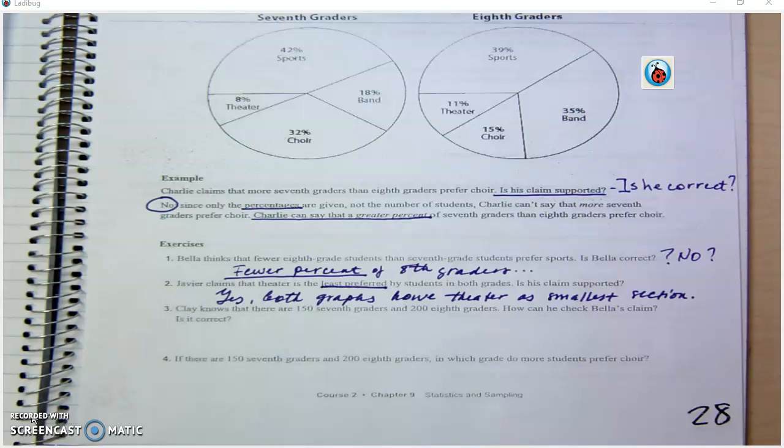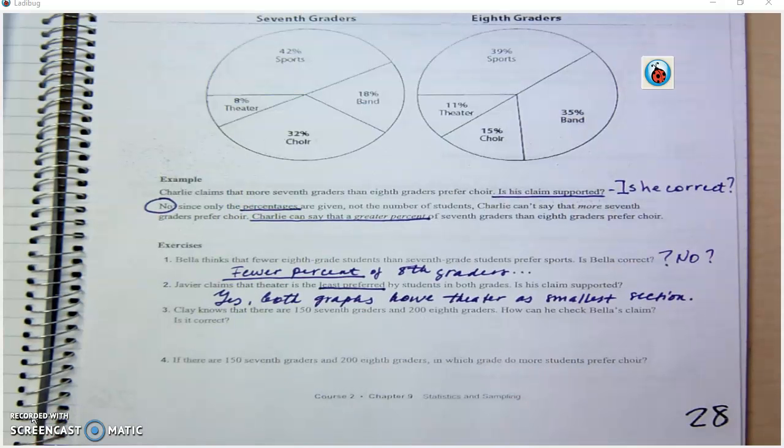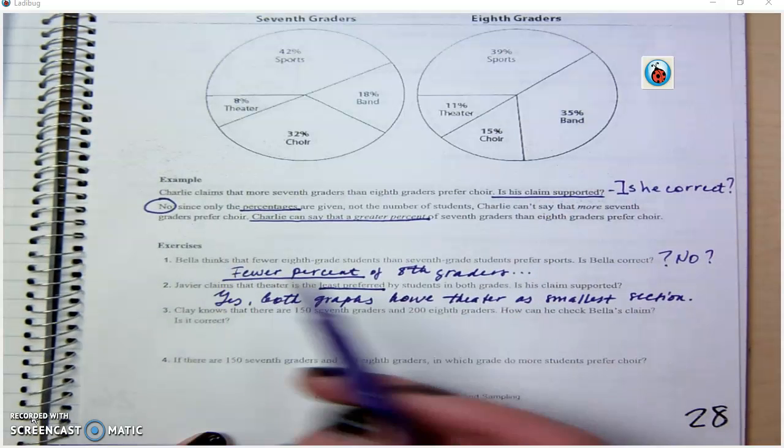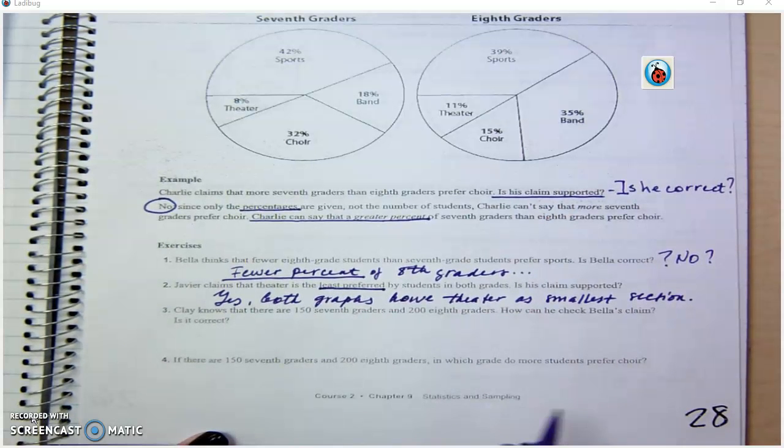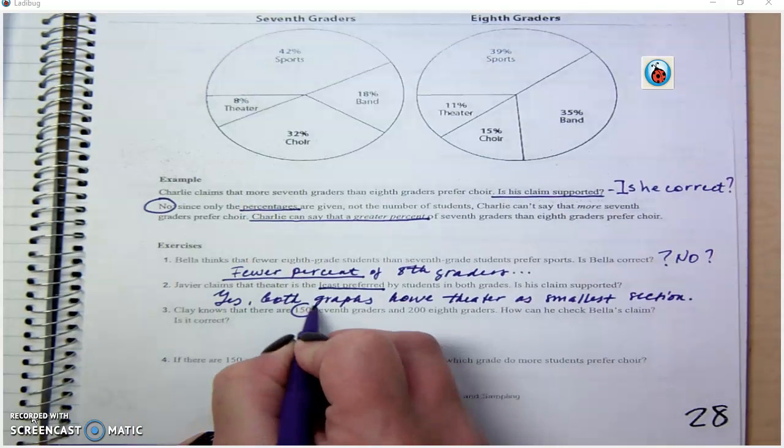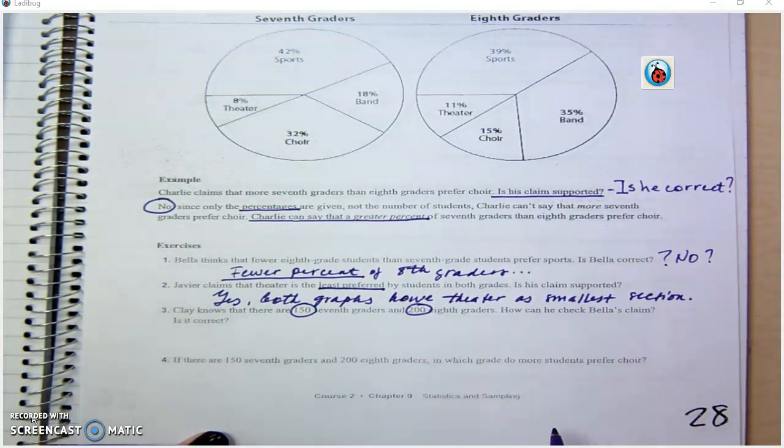All right, number 3, Clay knows that there are 157 7th graders and 200 8th graders. How can he check Bella's claim? Is she correct? So now we're actually going to come back and be able to check Bella's claim. So in order to check her claim, we're actually going to determine the numbers.